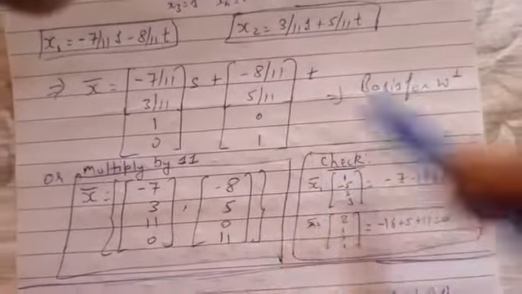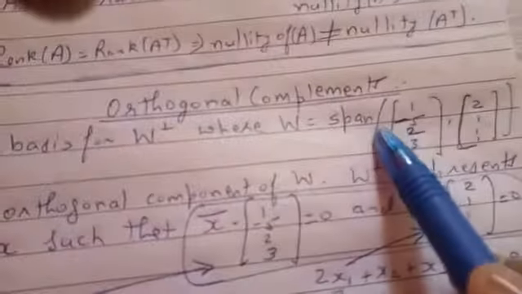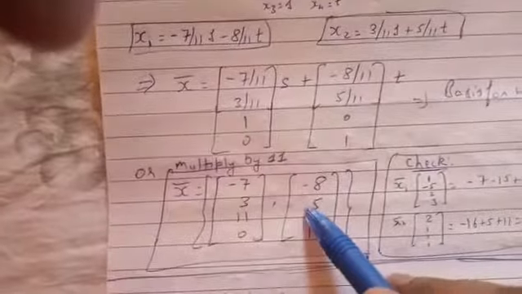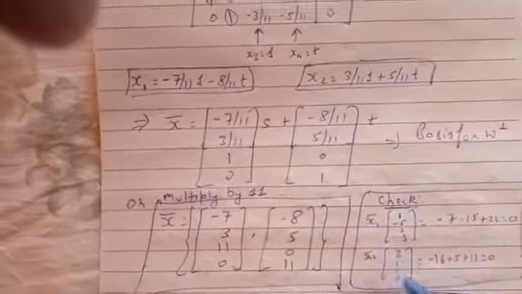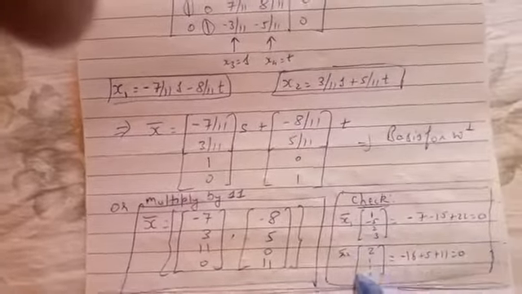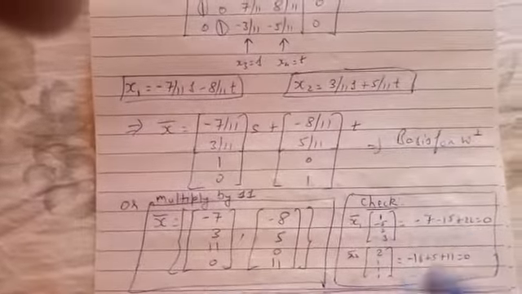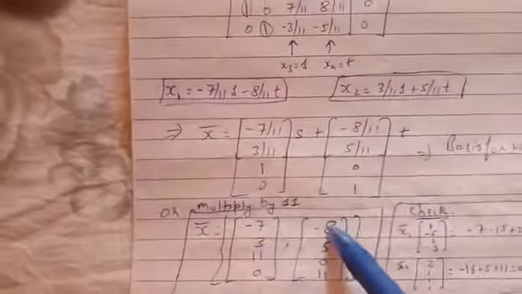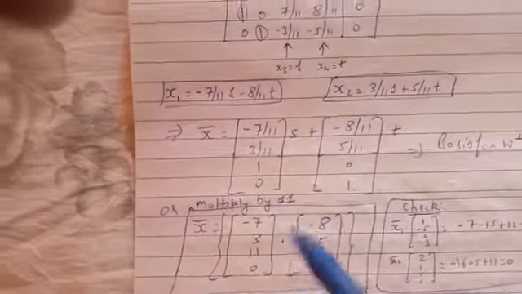Therefore x1 dot this first vector is 0. Similarly, you take x2 dot product with that vector, that turns out to be 0, therefore they are orthogonal. So once you check your answer and they turn out to be 0, I can safely say that these two are the basis for W tilde, which is the orthogonal component of W.